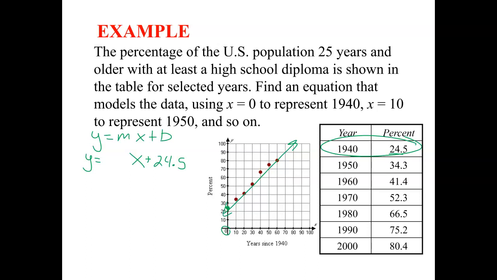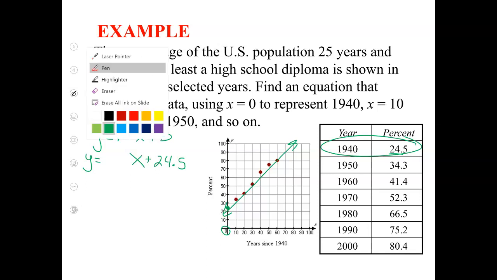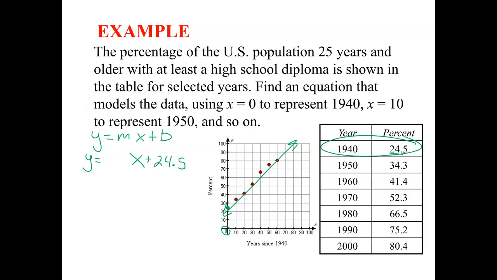So we need to use our data points from the chart and our slope formula. So let me change color on this one. Let's do red. So m equals y2 minus y1 over x2 minus x1. Now, it's usually best to pick the first and last point. So what 2 points are we going to use?